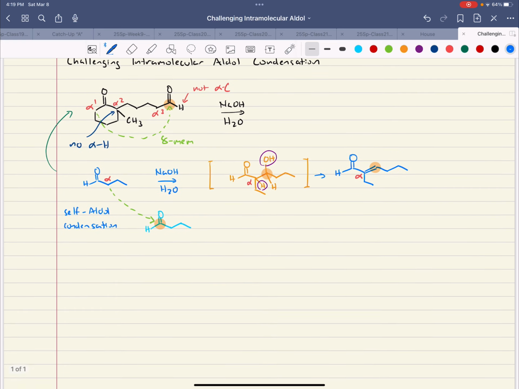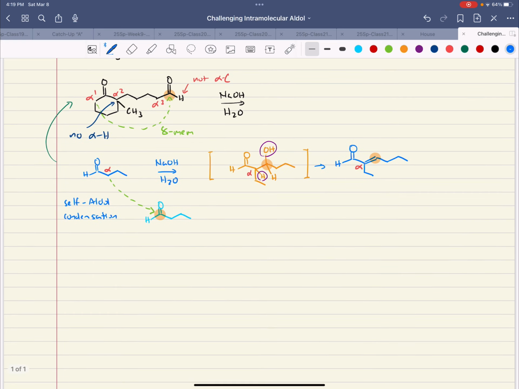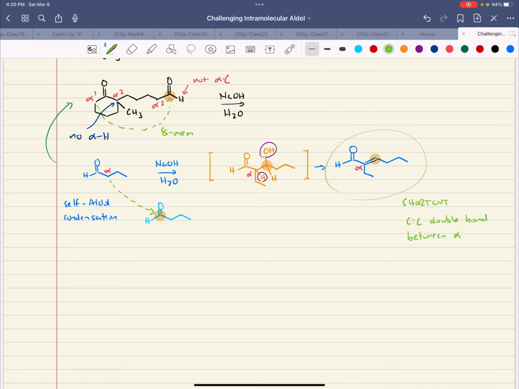Let me redraw this. Again, before I redraw this, what's the shortcut, right? For the shortcut, you make a carbon-carbon double bond between the alpha, that was the attacker, and the dot.